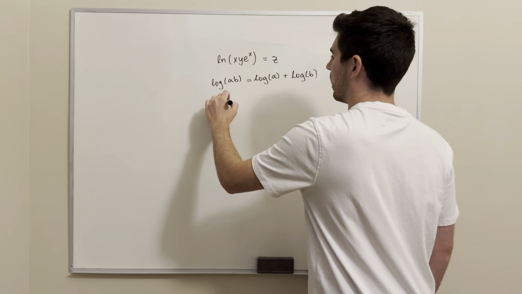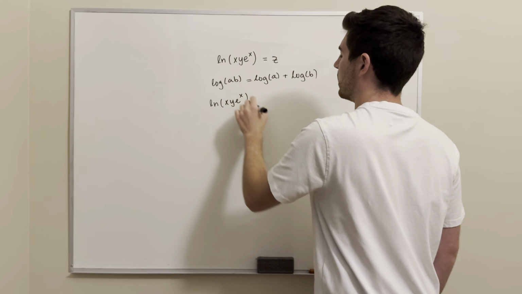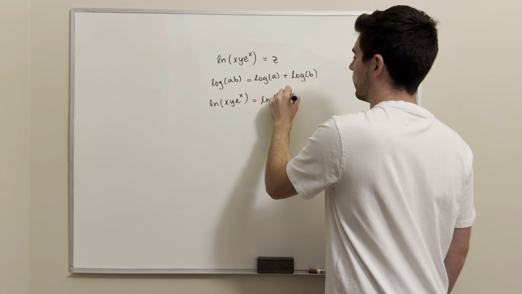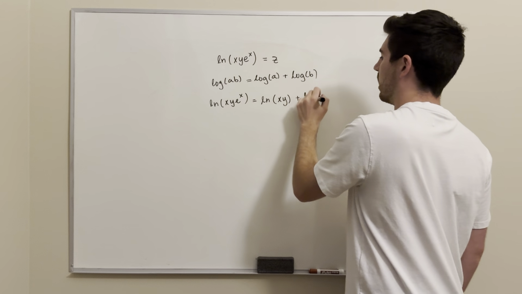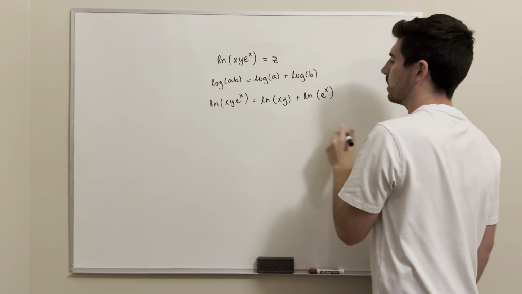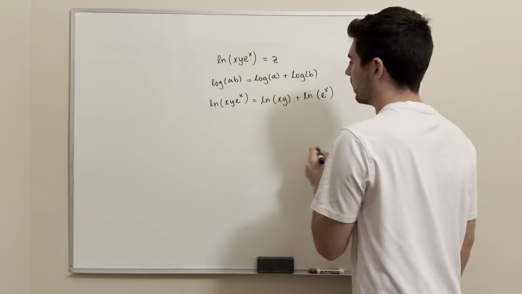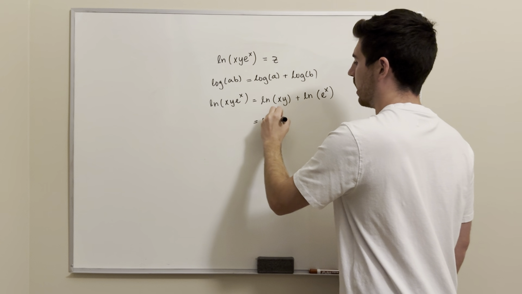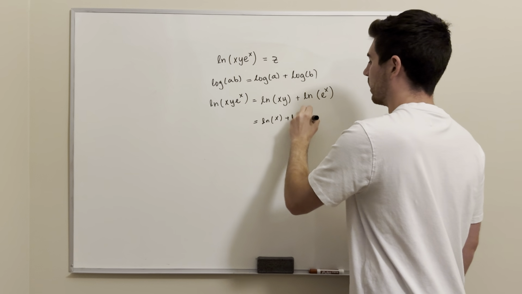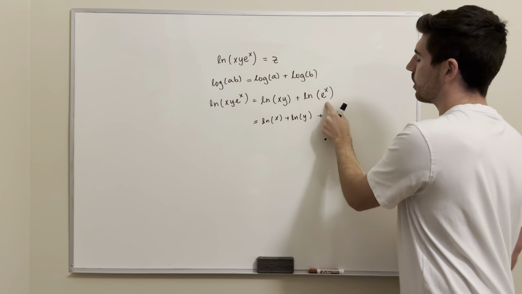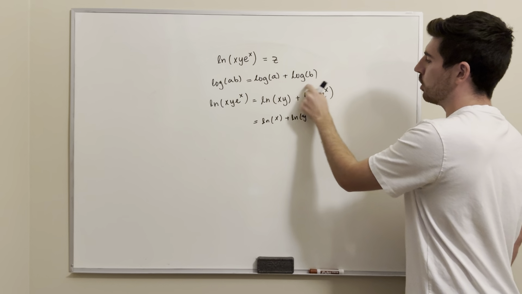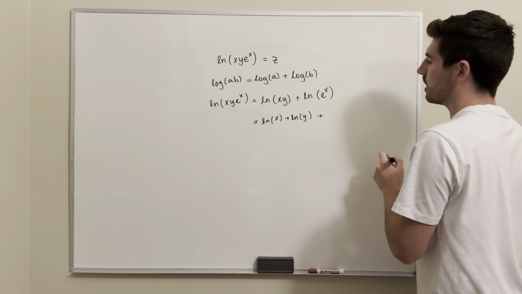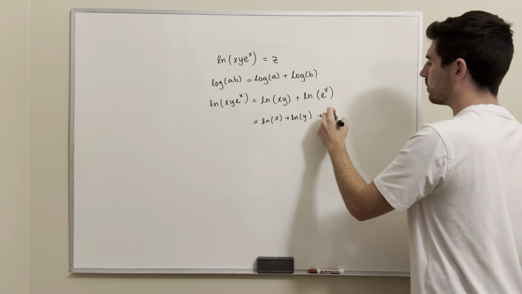So we have the natural log of xy times e to the x. We could say natural log of xy plus the natural log of e to the x, just considering that one quantity. Now we can apply the rule a second time, and we get the natural log of x plus the natural log of y plus, and then here we can use the exponent rule where we pull down the exponent in front of the natural logarithm and leave the base of this exponent.